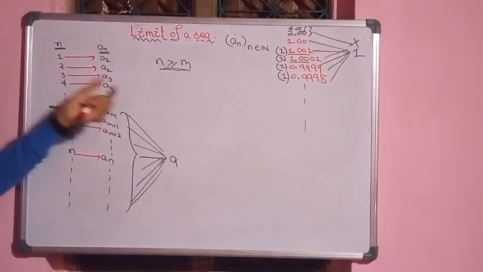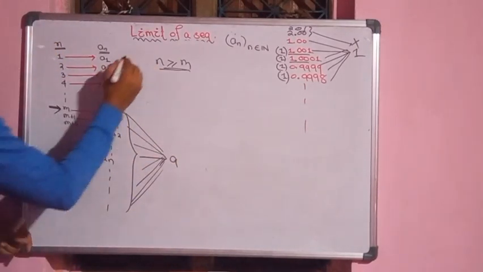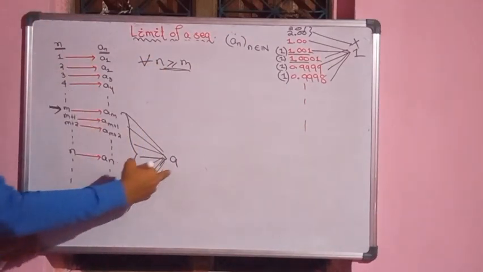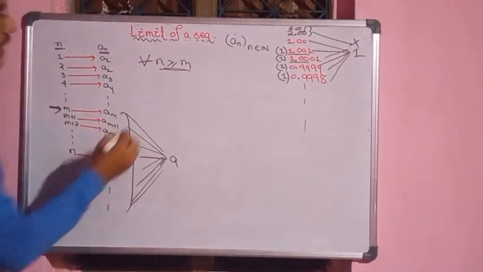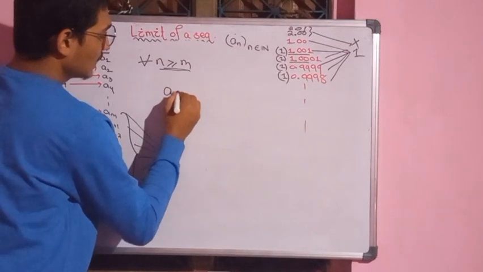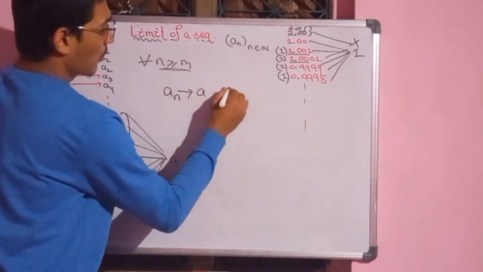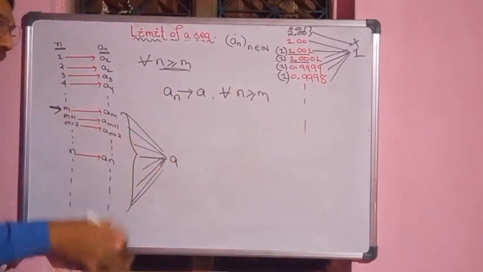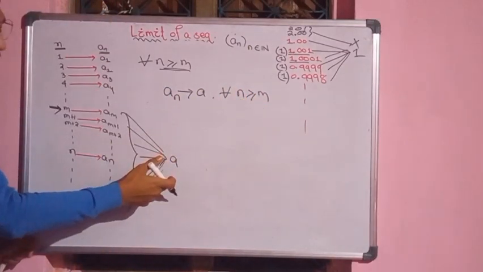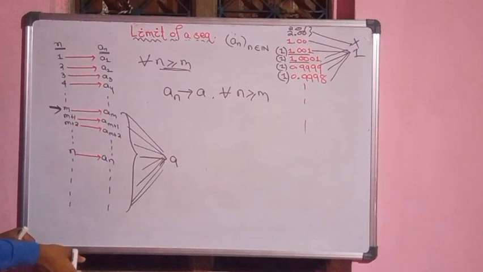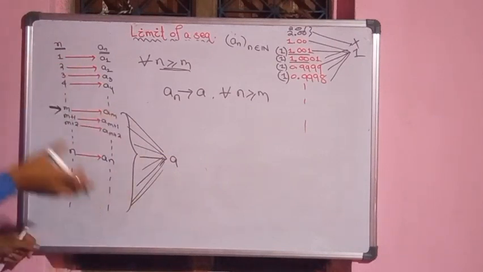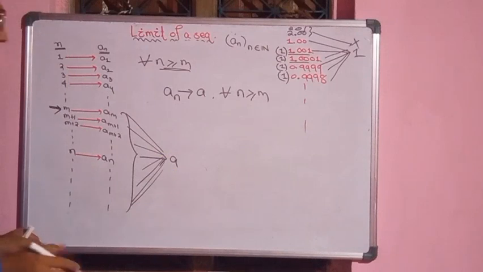Let's say for all n greater than or equal to m, all the terms of the sequence are converging towards a. So what will we write? My an is converging towards a for all n greater than or equal to m, because it is not necessary that all the terms should converge to a, since in a sequence infinite terms are there. If we skip some terms, if some terms are not converging, then also okay, no worry.